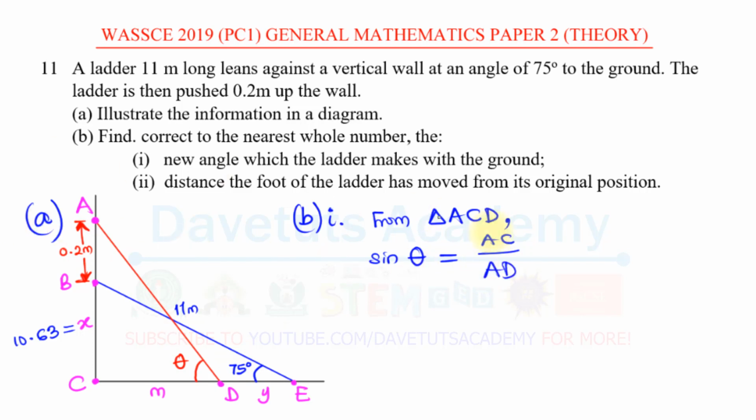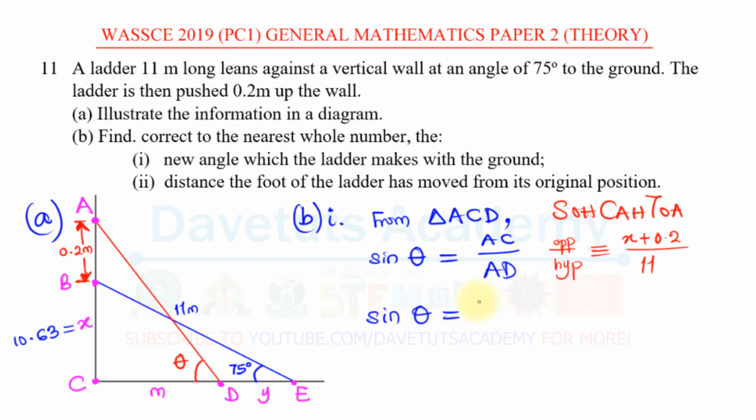That is coming from using SOHCAHTOA: sine theta is opposite over hypotenuse, which is AC, which is x plus 0.2, over AD, which is constant and not changing. But we just got x to be what? 10.63 meters.